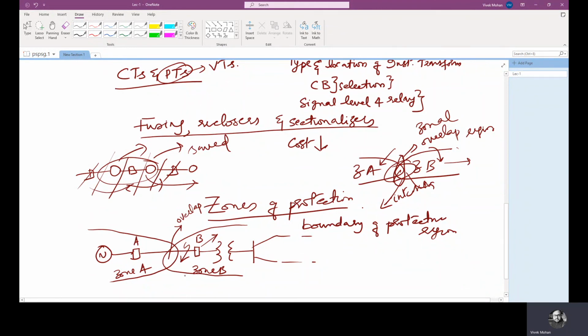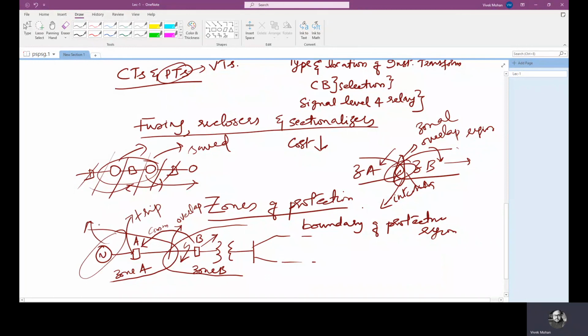So what should happen? Ideally, the relay corresponding to circuit breaker B will sense the fault, and circuit breaker B should communicate with circuit breaker A, and A should also trip. Then only the generator will be disconnected from the system, and the generator will not feed the fault current.